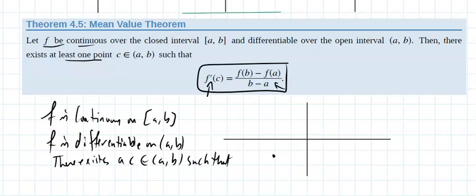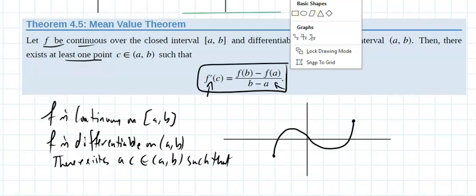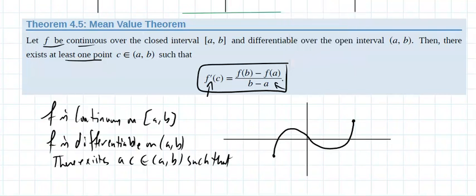Let's say we have a curve, but here the beginning and ending are no longer the same. F of a and f of b don't have to equal. If I draw the slope of the tangent, so if I draw the secant line, wouldn't this be b, f of b, and this will be a, f of a? Isn't this simply y2 minus y1 over x2 minus x1, which is the slope of that line?